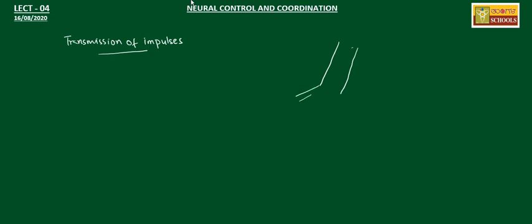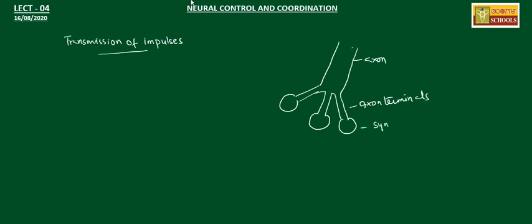We have seen that the action potential will pass through the axon, and then finally it reaches the axon terminals, and we know these axon terminals end with the synaptic knobs. So this is the axon, and we have axon terminals, and these are the synaptic knobs.